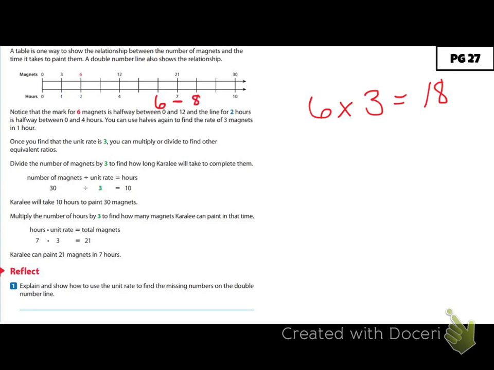We're going to do 8 hours. Again, 8 hours times our unit rate of 3 gives us 24 magnets. And lastly, we have to do 9 hours. If you do 9 hours times unit rate of 3, that's going to give you 27 magnets. Write all of it down.